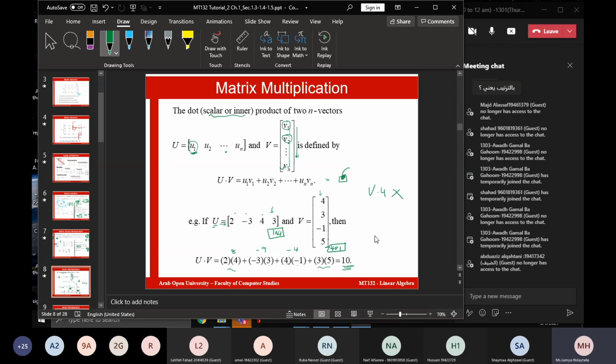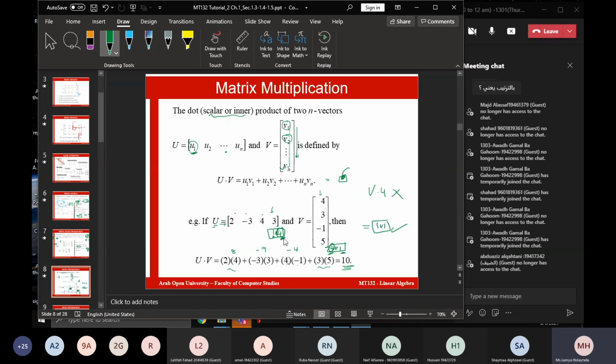Can I multiply now? Yes, I can multiply now. This number will give me the number of elements, and this will give me the number of elements in the vector. So the resultant is 1 times 1. So I can get the solution. I can get the result. So always to multiply matrices, you have to have this number equal to that number.